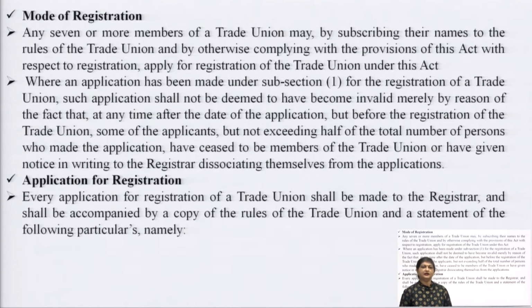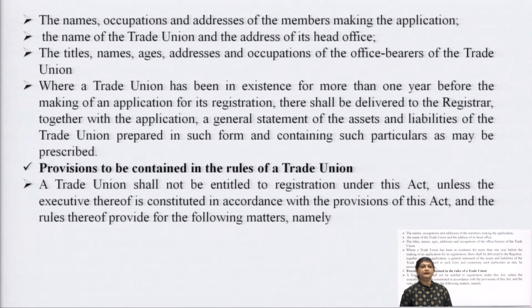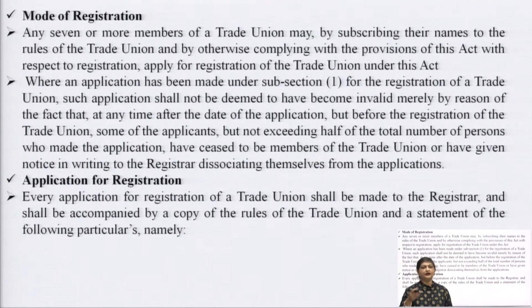Every application for registration of a trade union shall be made to the registrar and shall be accompanied by a copy of the rules of the trade union and a statement of the following particulars. Basically, as and when any 7 or more members want to get their trade union registered, they have to fulfill certain requirements of the Act.